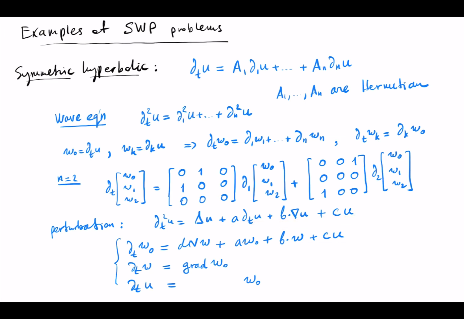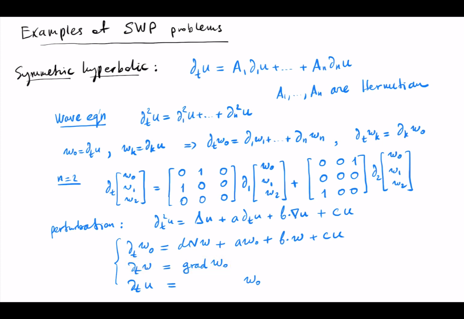You can see that the time derivative of u is w0, and the gradient of u is the vector w. And you can write the equation in this way, because on the left hand side you have the time derivative of w0, and here that would be just the divergence of w, which is also here. And the lower order perturbation becomes this, so that there are no derivatives at all. For w, the equation is just the gradient here.